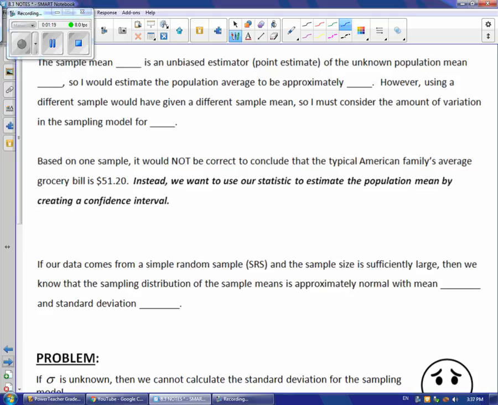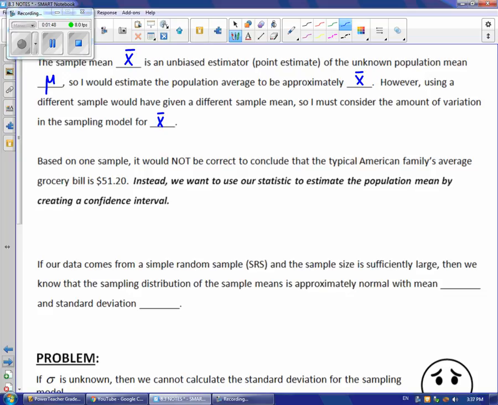So our sample mean, x̄, is an unbiased estimator or point estimate of the unknown population mean, mu. So I would estimate the population average to be approximately x̄, since it's unbiased. However, using a different sample would have given a different sample mean, so I must consider the amount of variation in the sampling model for x̄.